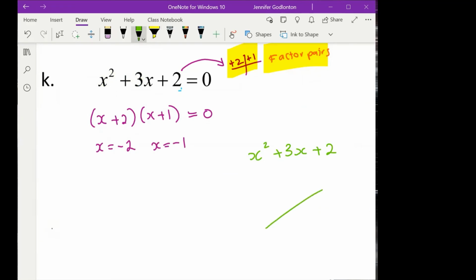When we're doing our crisscross, for x squared, or whatever coefficient it would be, when I multiply these two terms together, I need to get x squared. So I know that x times x is going to give me x squared. That's how I determine what's going to be on the left-hand side of my crisscross. On the right-hand side, when I multiply them together, I have to get positive 2. So if I use 2 and 1, I can see that I'm going to get 2.